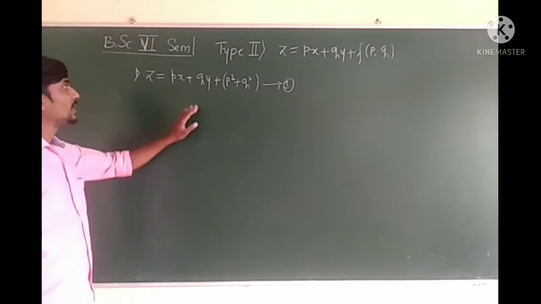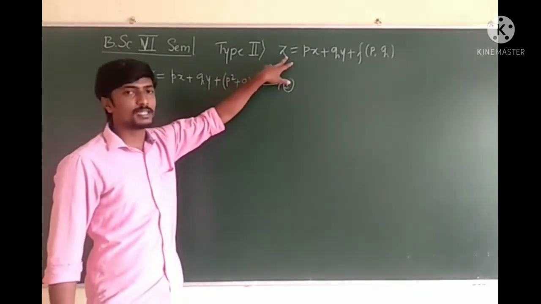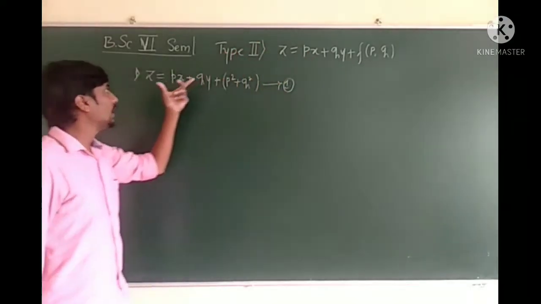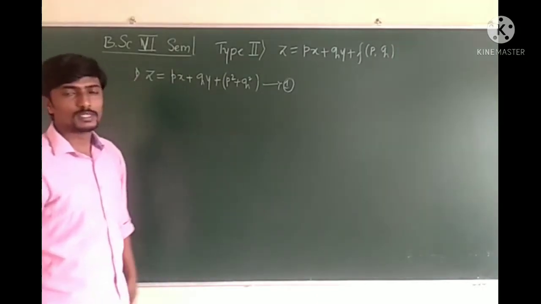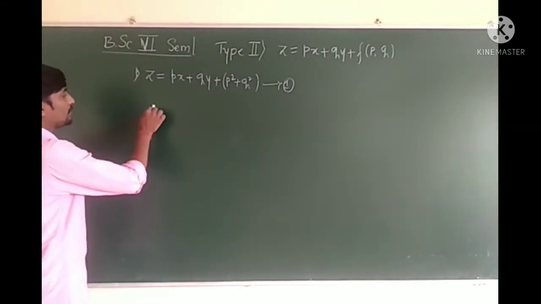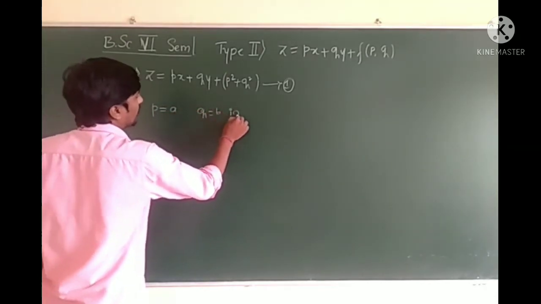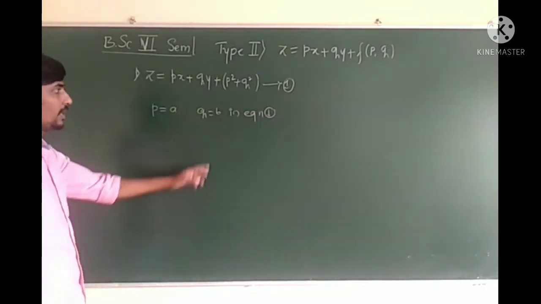So let's solve an example here. This example is exactly the same as here. We have the general format, the format of type 2. Let's call this equation 1. First we put p equal to a and q equal to b in equation 1.